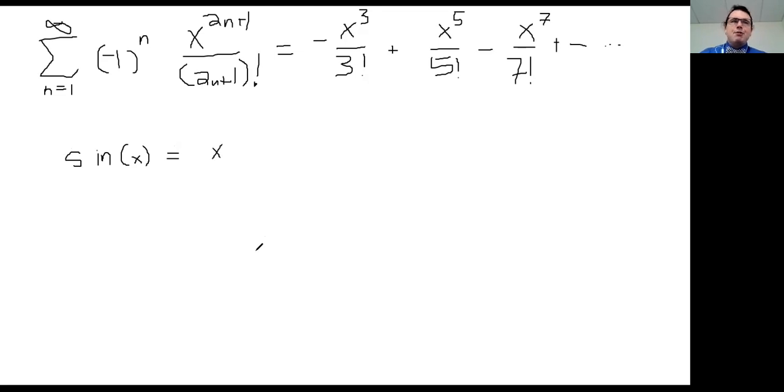The Maclaurin series for the sine function does have a linear term. It's x to the power 1 divided by 1 factorial. And then the rest of the non-zero terms for this Maclaurin series are the same as what I've written up above.